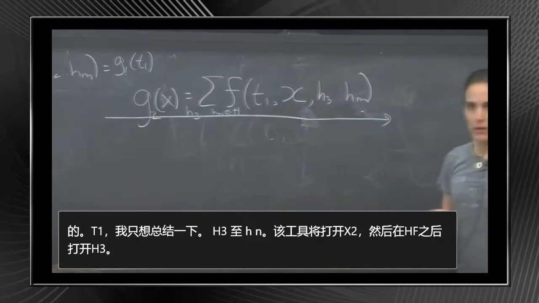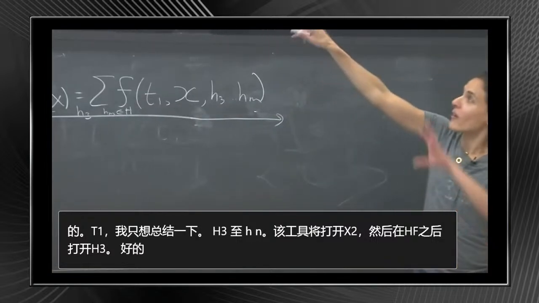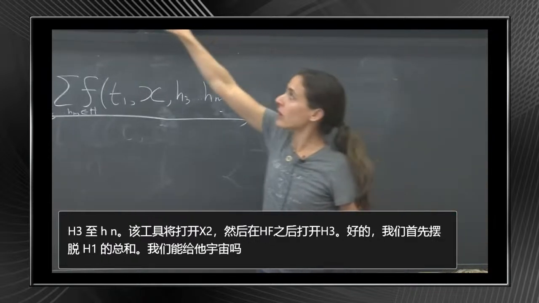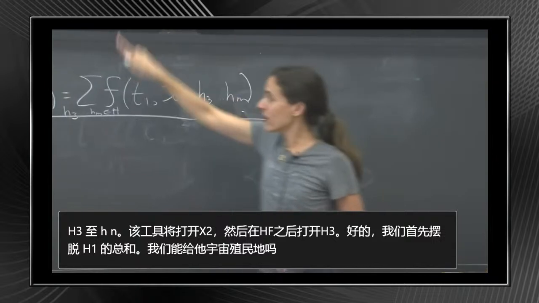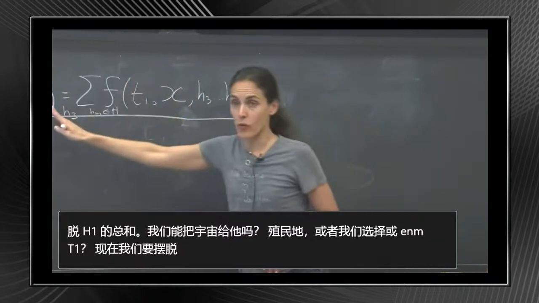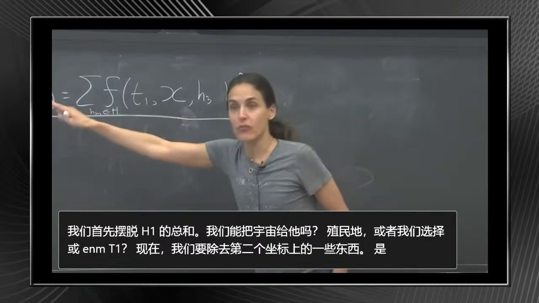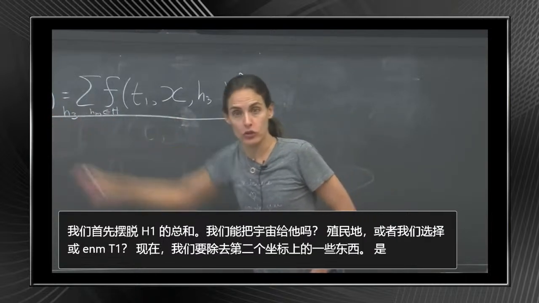So we started by getting rid of summing over H1. We gave him the univariate polynomial, and we chose a random T1. Now we're getting rid of summing over the second coordinate. We're asking for a univariate polynomial G2.